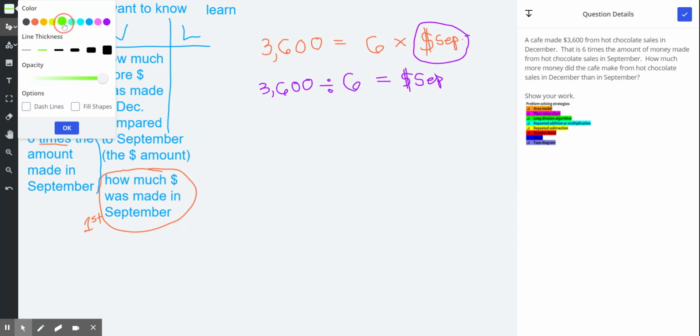So my 6 here is my divisor because that's the comparison made between December and September. September has to be a lesser amount of money than December, which makes sense, because usually we want hot chocolate in colder weather. September might still be in the 90s, so it all makes sense.